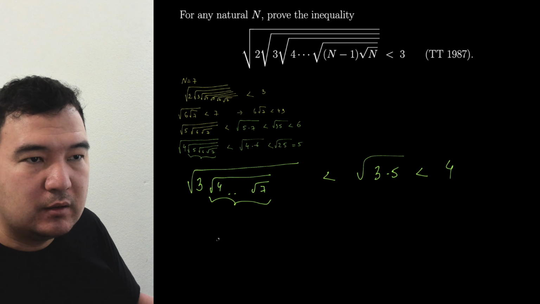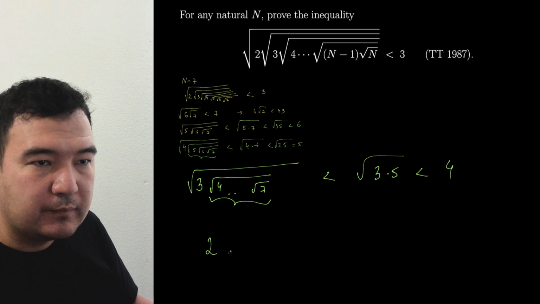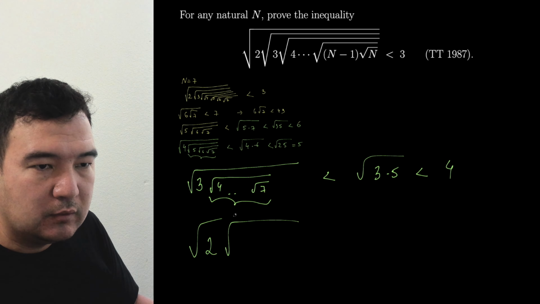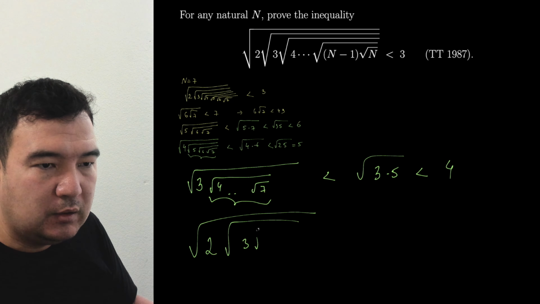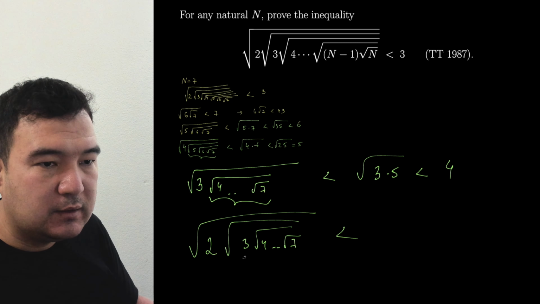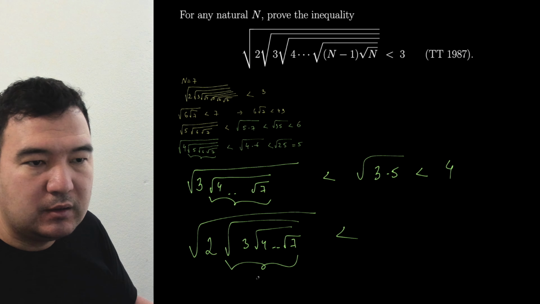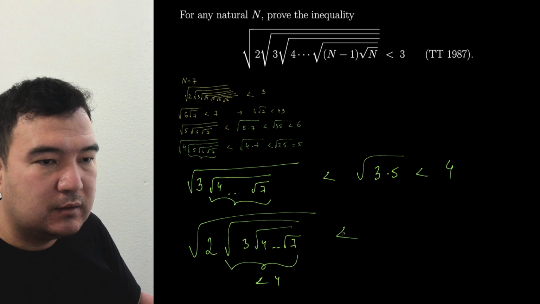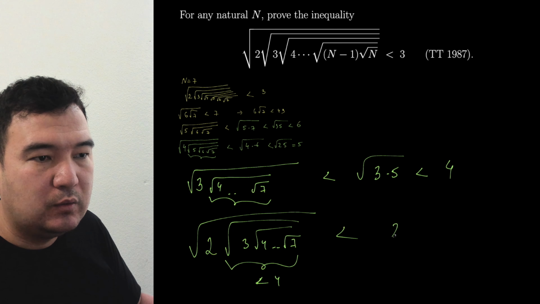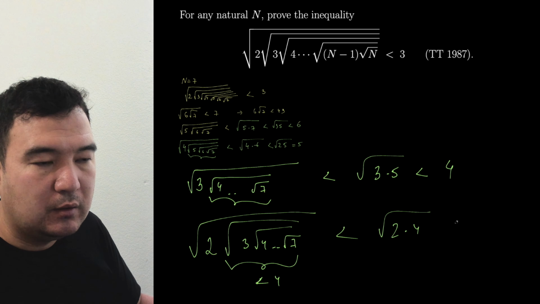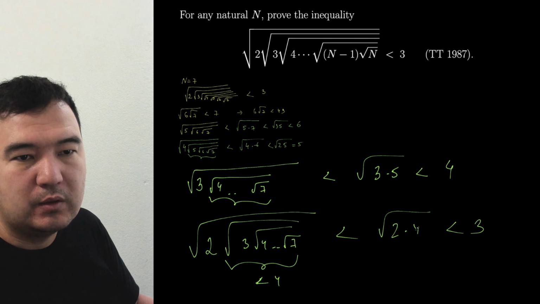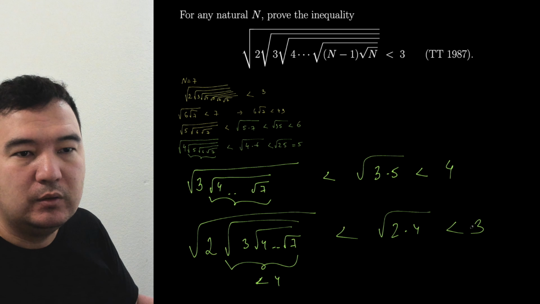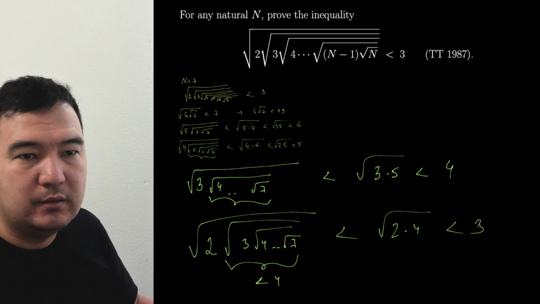And coming back to the last one, square root of 2, 3, 4, and up to square root of 7. Look at this part, that's less than 4, and then this whole expression is square root of 2 times 4, which is less than 3, because this is square root of 8, and this is square root of 9, which is 3.